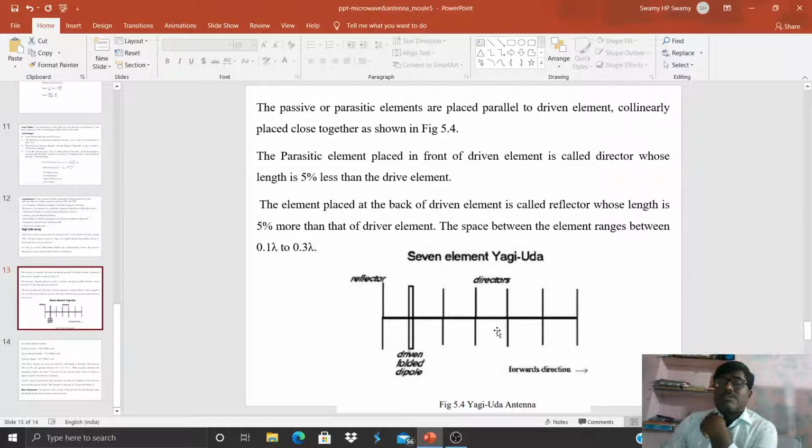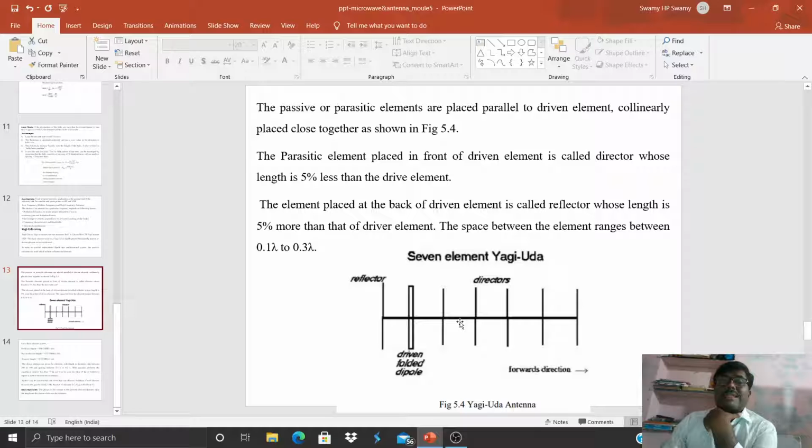This arrangement is called a parallel arrangement of each parasitic element, like a collinear array. The parasitic element placed in front of the driven element is called a director. This is the front side, this is the back side. So parasitic elements placed in front of a driven element are called directors.